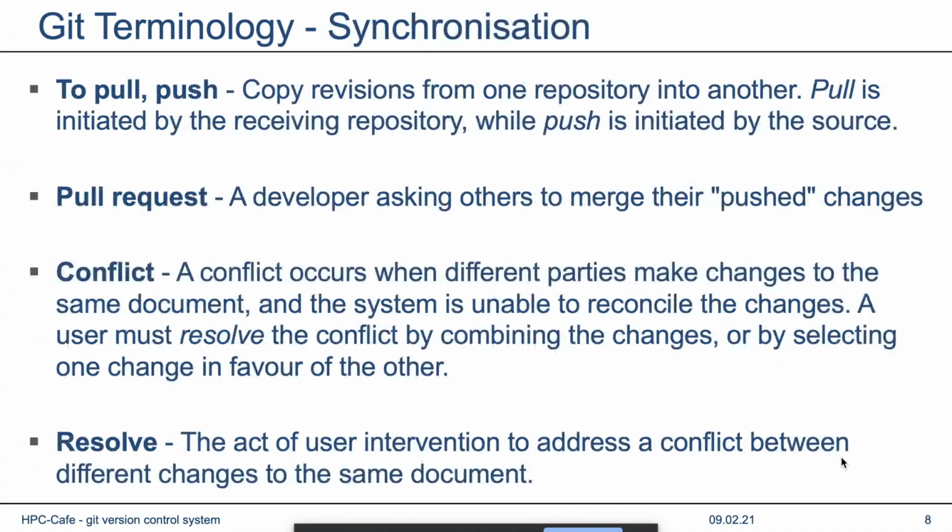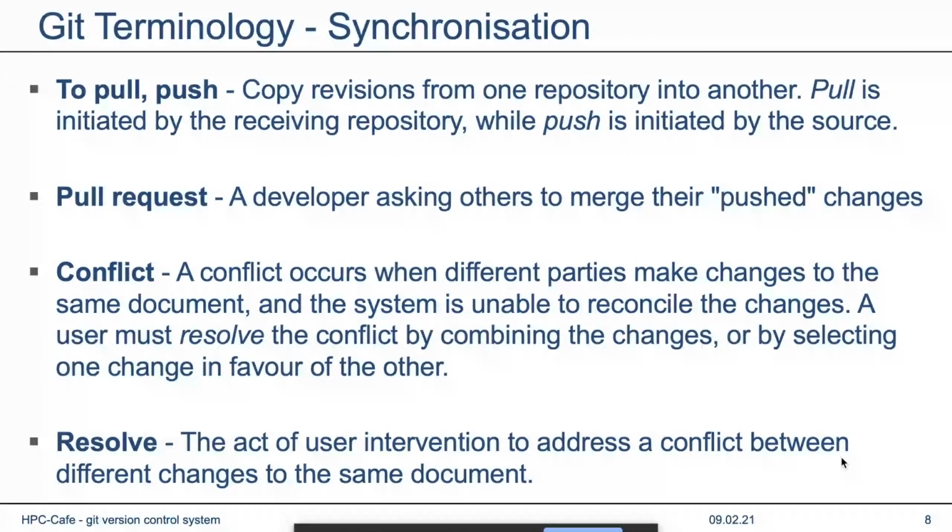Now, synchronization. In Git, this is called pull and push. So this is about copying revisions or all information from one repository into another. Pull is initiated by the receiving repository, while push is initiated by the source. Pull request, this is a term which you commonly see, for example, on GitHub or GitLab.